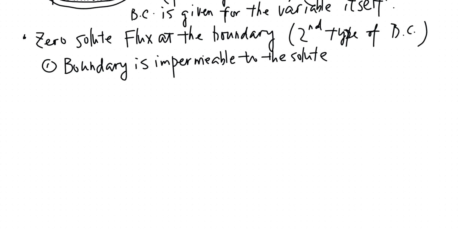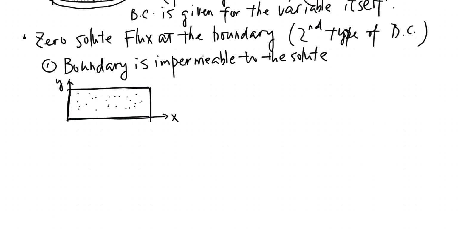For example, you have a tank, and while the solute can diffuse within the tank, it can go anywhere. However, the boundary of this tank is impermeable to the solute. So you can put X and Y, with length Lx, width Ly.